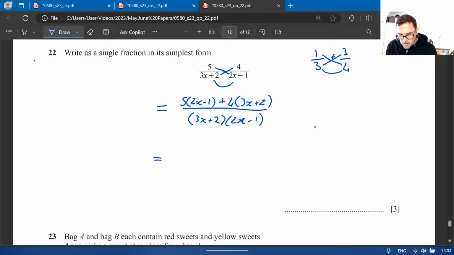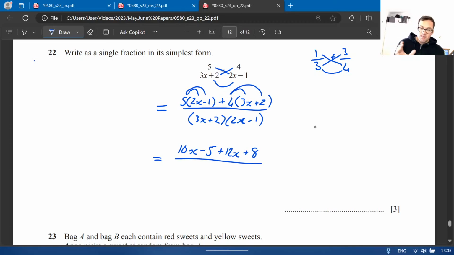Expand the brackets. 5 times 2x is 10x. 5 times minus 1 is minus 5. 4 times 3x is 12x. 4 times 2 is 8. Careful with the signs. This time they made it easy. There were no negatives in that second term. But if there is, people used to get the terms wrong.